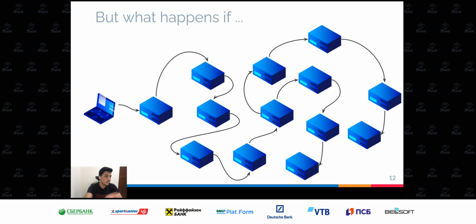So this is a very typical microservices application, and let's consider these two services here. Let's call this one X, and let's call this one Y. So service X is dependent on a third-party service, which is Y, and service Y becomes unhealthy.